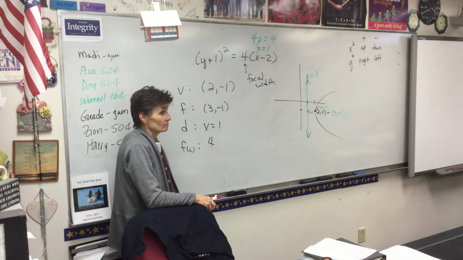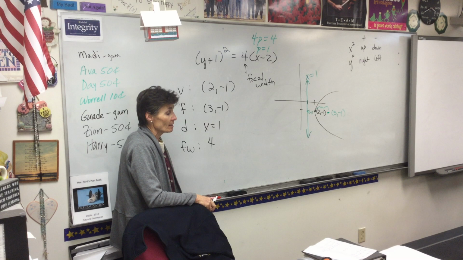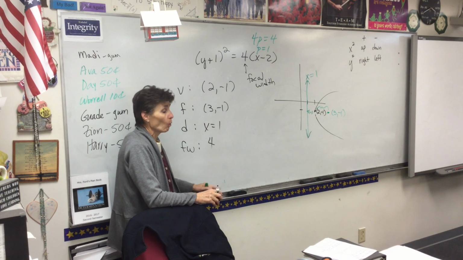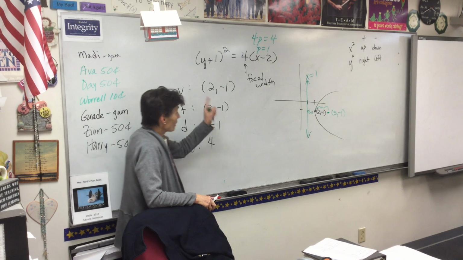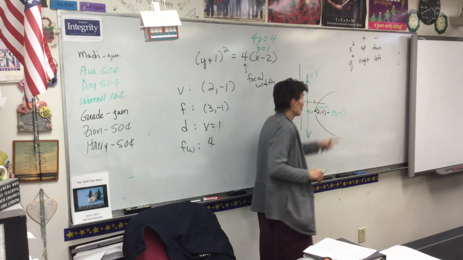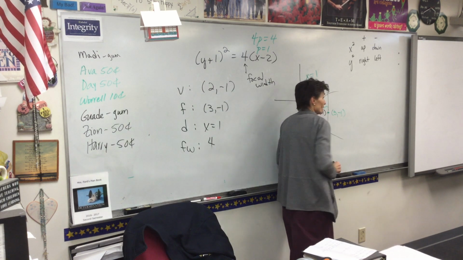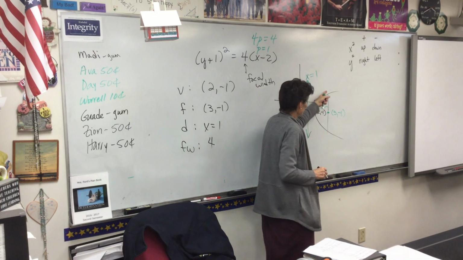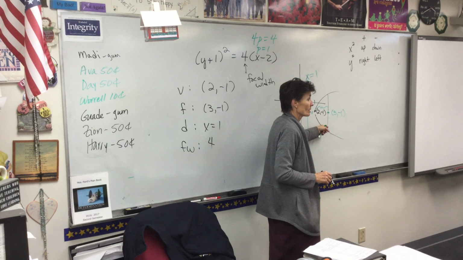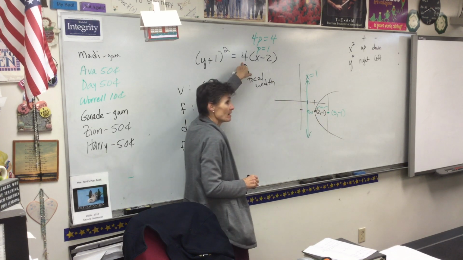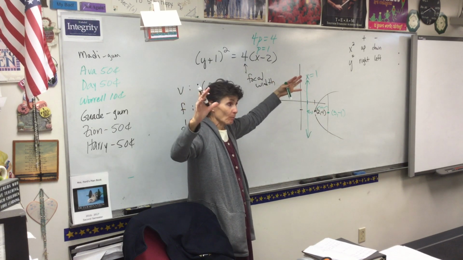P is 1, but the focal width is the whole thing, 4P. That tells you how fat your parabola is. In this parabola, that width right there would be 4. So obviously, the bigger that number is, the fatter your parabola is.